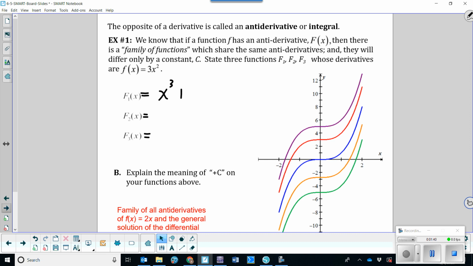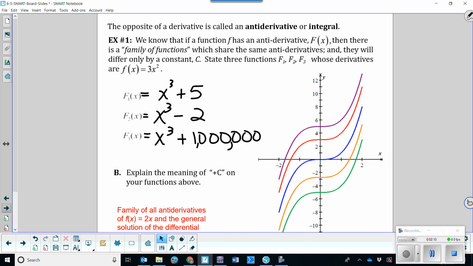But it could be x cubed plus 5, because if I take the derivative of f1 of x, I'm going to get 3x squared plus the derivative of 5, which is 0. So it could be x cubed minus 2, or x cubed plus a million. All of those would have a derivative of 3x squared.